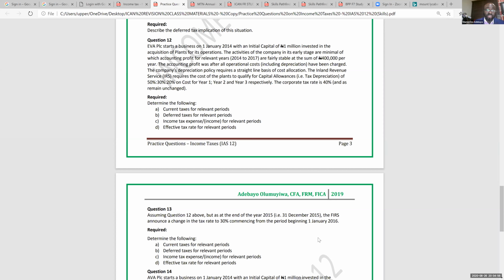We are required to carry out the same operation as what we did yesterday. A, current taxes for the relevant periods. B, deferred taxes for the relevant periods. C, income tax expense or credit for the relevant periods. And lastly, we shall determine the effective tax rate.